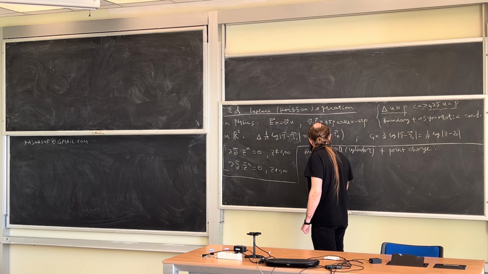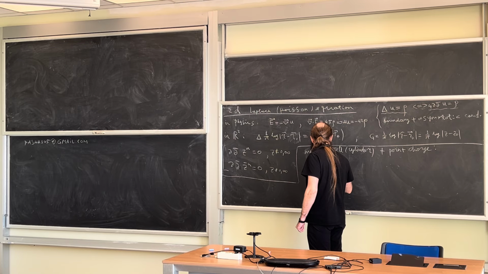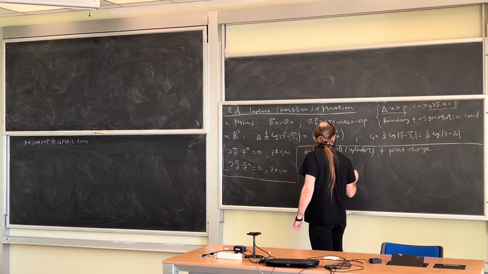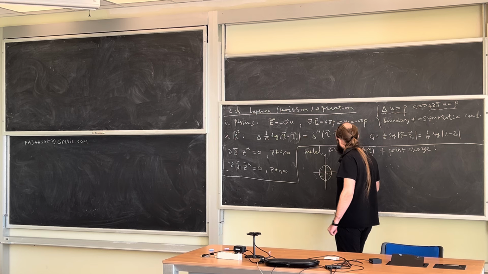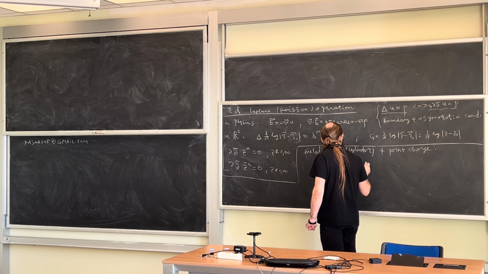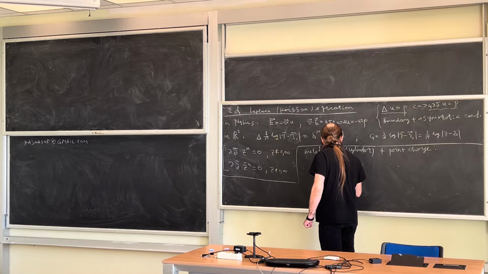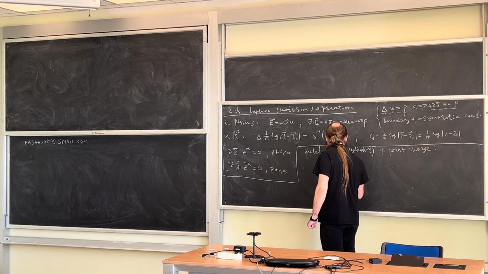So this problem looks like this. We have a circle of radius 1, and we say that u on the circle is constant.